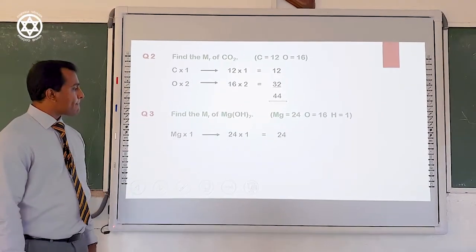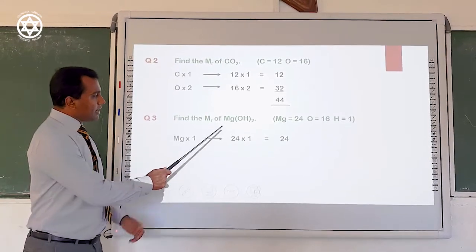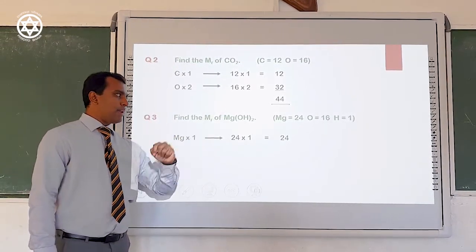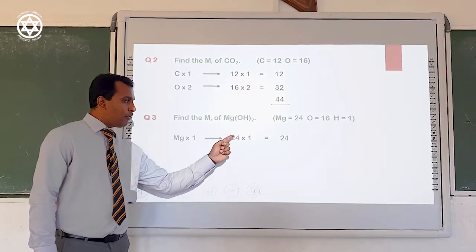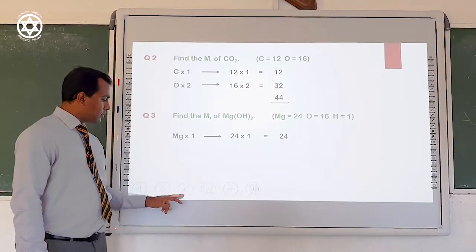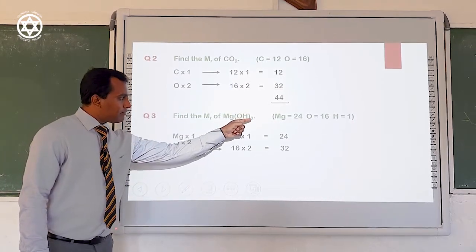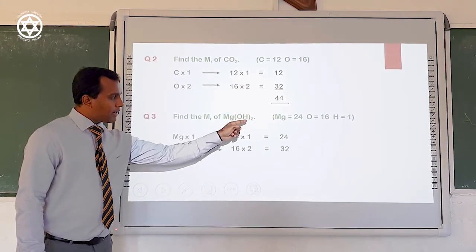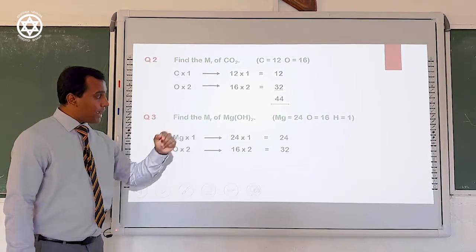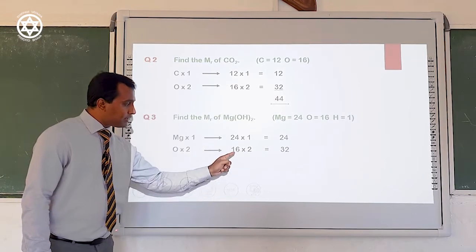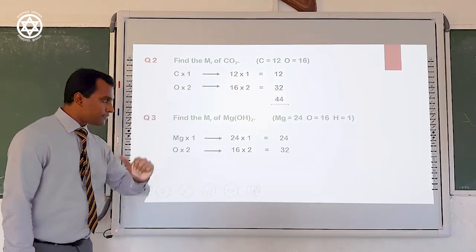Let's see. There is only 1 magnesium. Magnesium 1. The value of magnesium is always given. 24 into 1 means 24. Next one. There are 2 oxygen, I told you. If there is any number outside the bracket, it must be multiplied with the atoms in the bracket. 2 oxygen. The value of 1 oxygen is 16. 16 into 2 means 32.